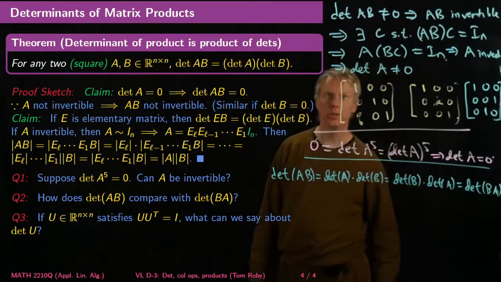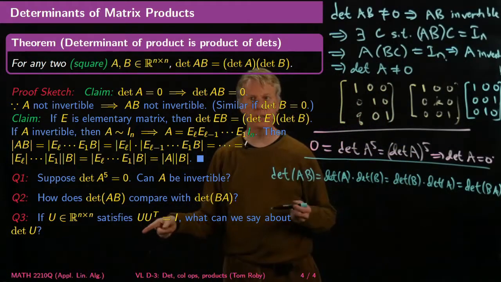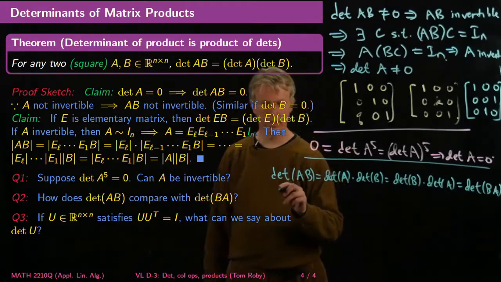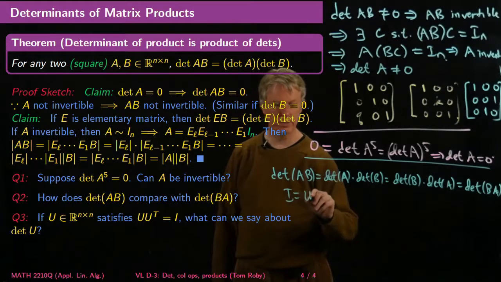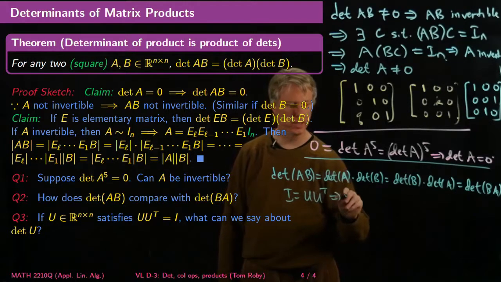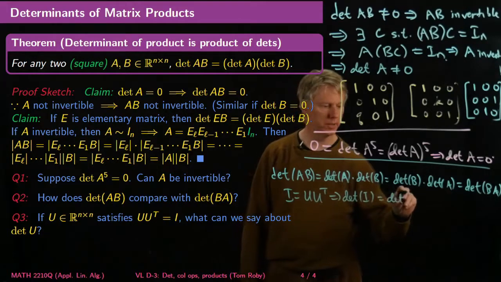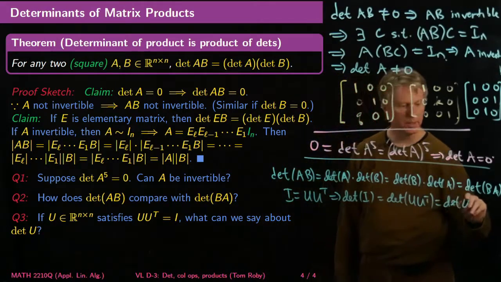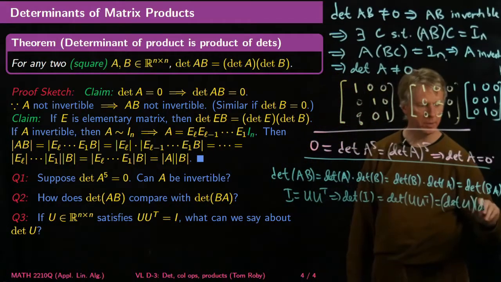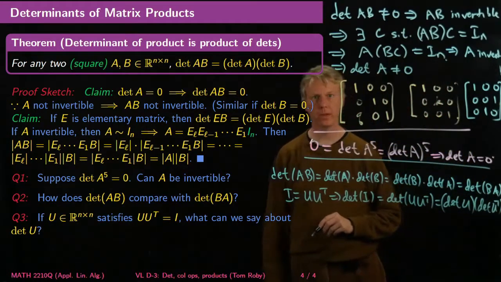And so the answer is that it's not very flexible. Because I know that if I equals UU transpose, then certainly the determinant of I is equal to the determinant of UU transpose, which is the determinant of U times the determinant of U transpose. Okay?